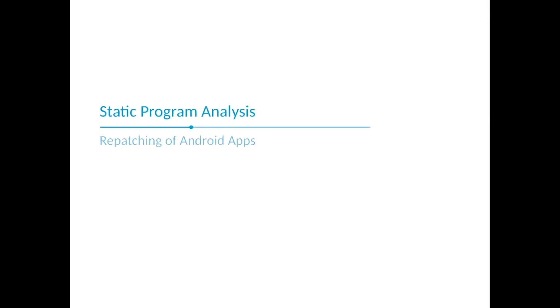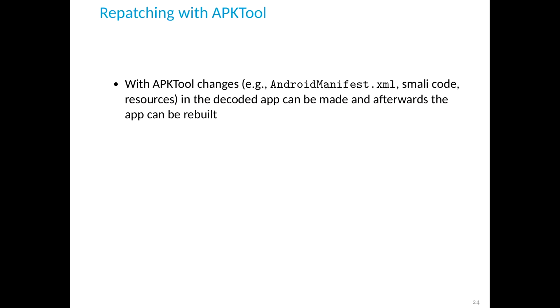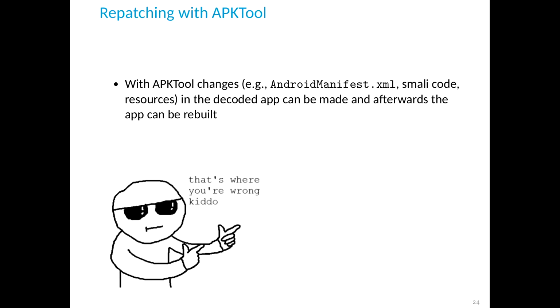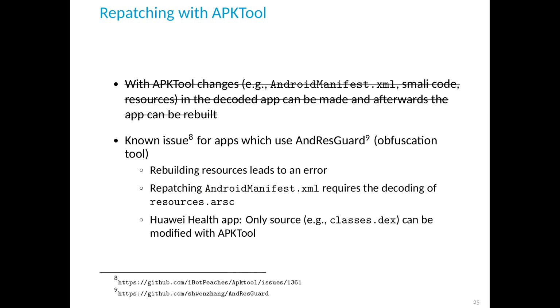So I thought, okay, with APK tool, I also can repatch the app. I can change the Android manifest, I turn on the debugging, I turn on the backup function, but it's not that easy. Because there's a known issue for apps which use ProGuard. ProGuard is an obfuscation tool, and when you use this obfuscation tool, you cannot rebuild the resources with APK tool.